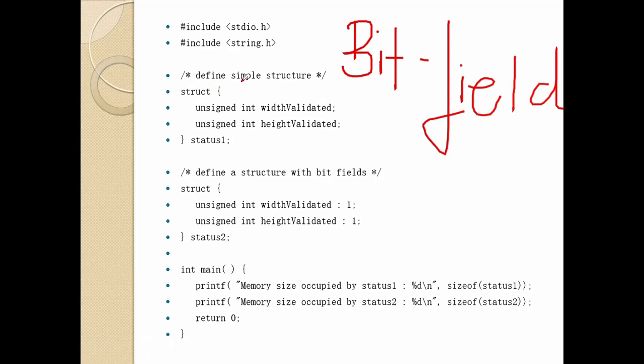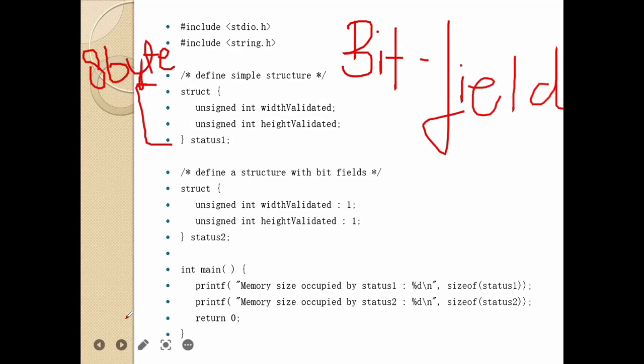If we are defining a simple structure, by default the structure automatically takes 8 bytes of memory in the C programming language. It might be a possibility that we are not defining enough attributes inside that structure, and it is taking a lot of memory.